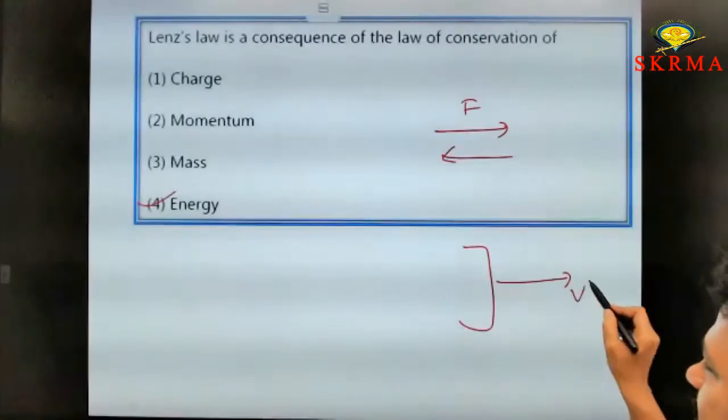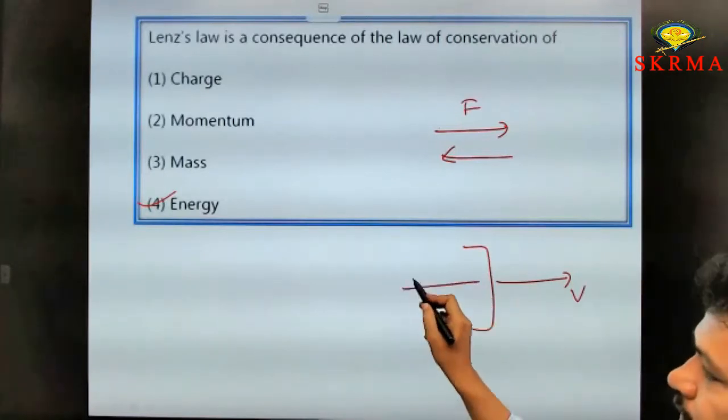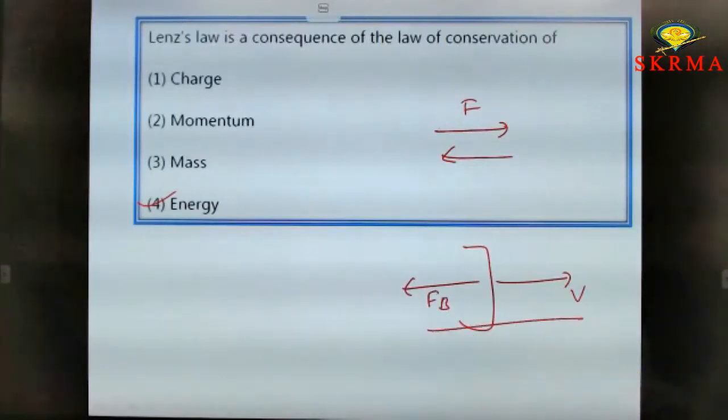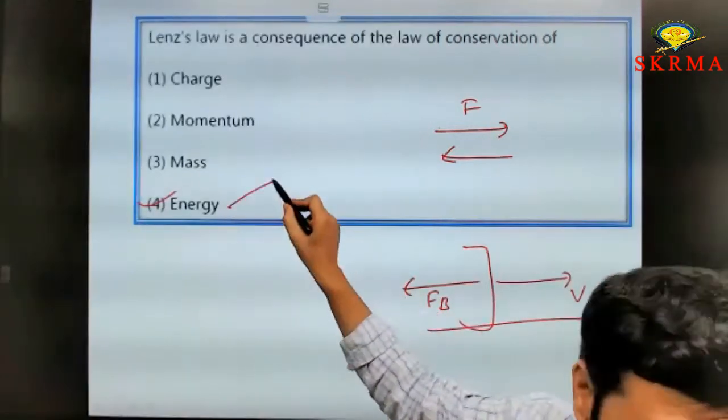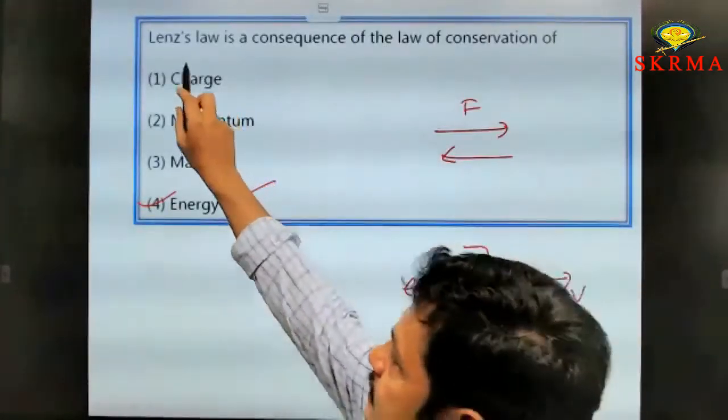If this is a conductor and you pull it in this direction with some amount of force, then the induced force acts in the opposite direction. The forces are conserved, or rather the energy is conserved. The energy conservation takes place in Lenz's law.